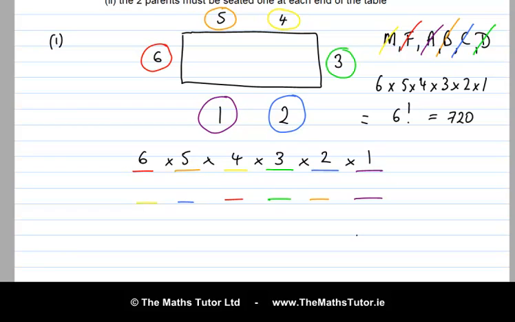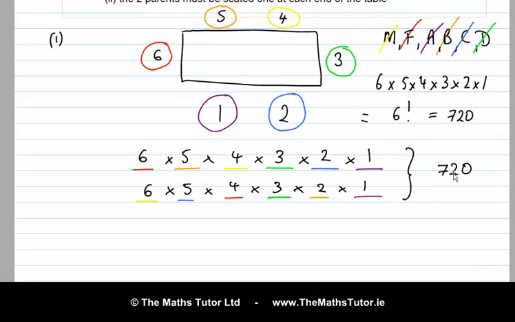So we could start with the yellow seat. How many choices do we have? 6. And then the blue seat, we've got 5 remaining choices. 4, 3, 2 and 1 again. So in any case, it's still going to come out as 720. So with no restrictions, we've got a lot of arrangements or permutations in this scenario.